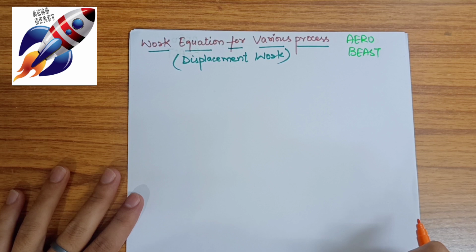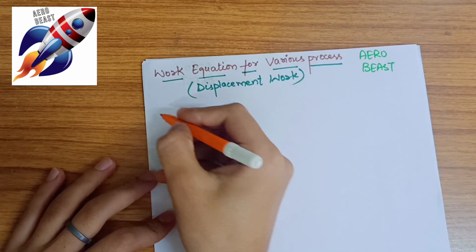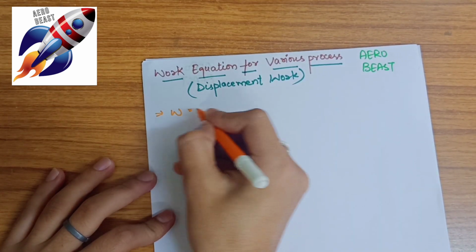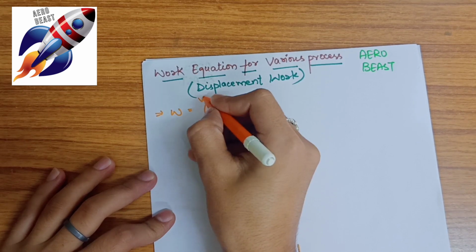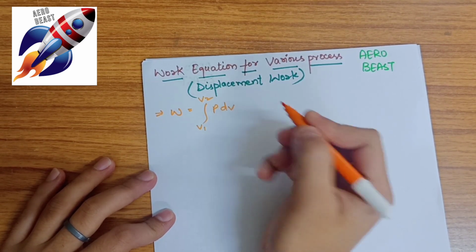In this lecture we will discuss the work equations for the various processes, that is, displacement work. As we know, work is equal to the integral from V1 to V2 of P dV.